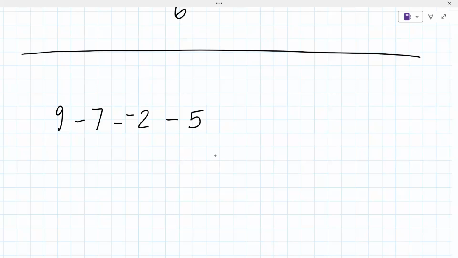These two are different, so 9 minus 7. 2 subtract -2 plus -5. 2 subtract 2 is 0. 7 plus -5 equals -5. Okay, got my answer. What is your answer?